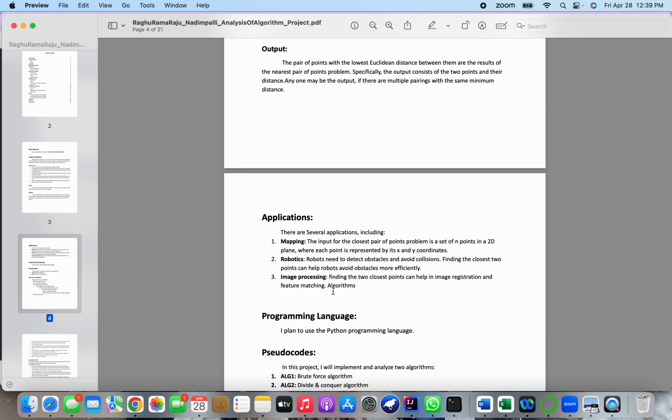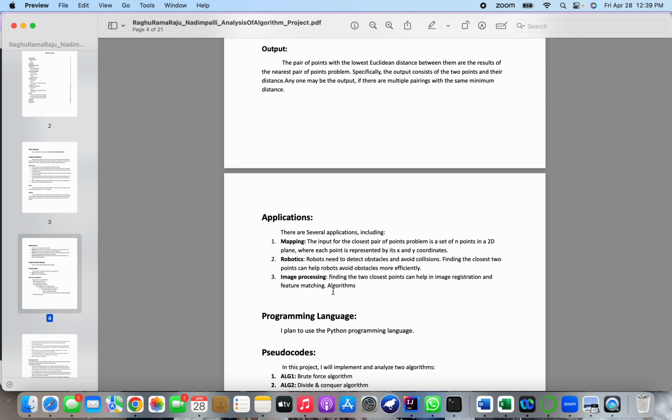And when it comes to robotics, in a robotic arm, the closest pair problem can be used to determine the distance between the end effector and the objects it needs to grasp or manipulate. Similarly, in autonomous navigation, it can be used to identify the closest obstacle or boundary that the robot needs to avoid. In image processing, the problem can be used to align two images by finding the closest corresponding points between them.